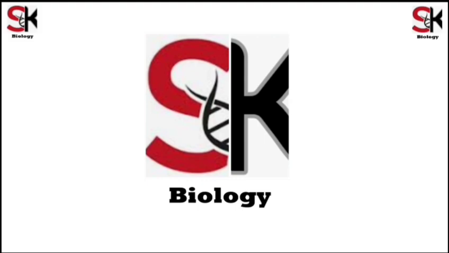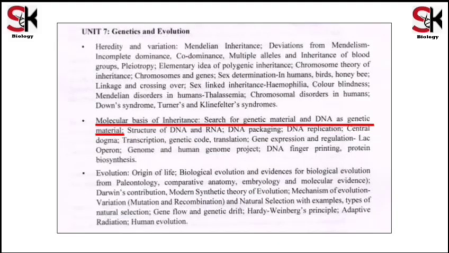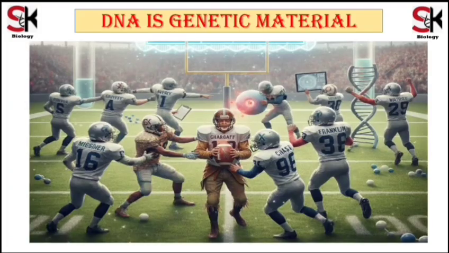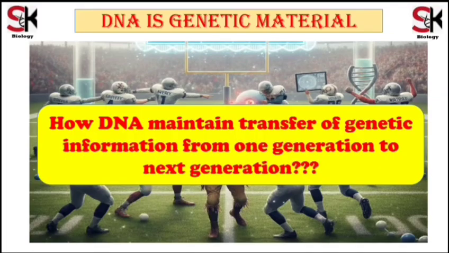In our previous lectures, we have discussed the discovery of genetic material and the quest by different scientists to understand it. With the efforts of all scientists, we came to know that DNA is the genetic material. But now the important question is how DNA maintains the transfer of genetic information from one generation to the next generation.